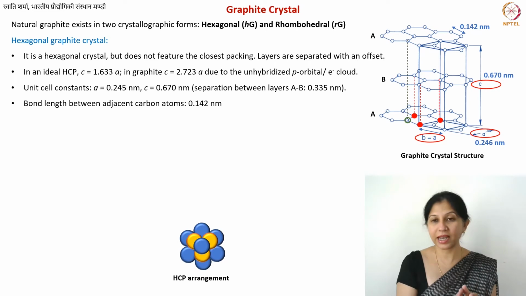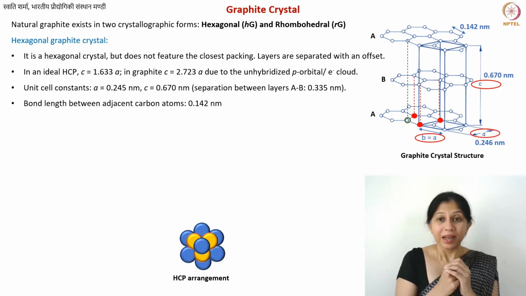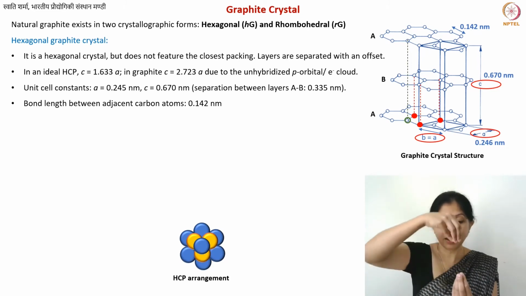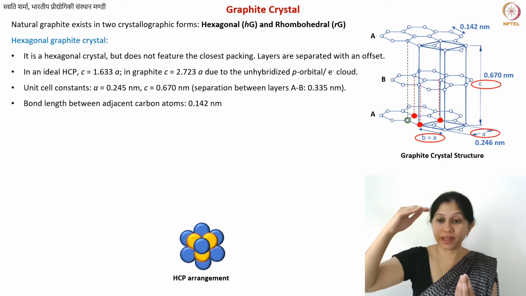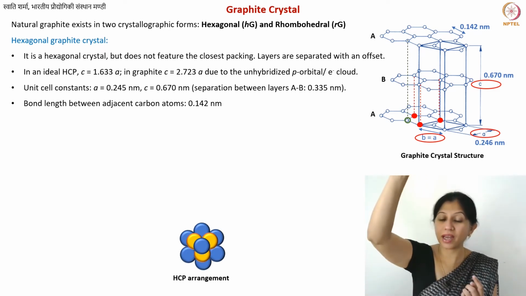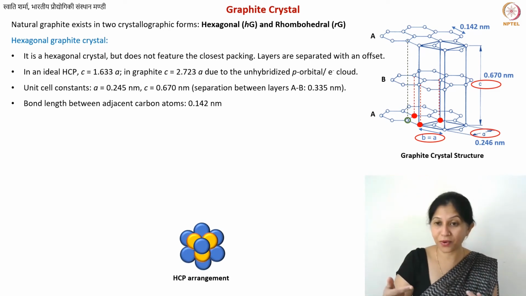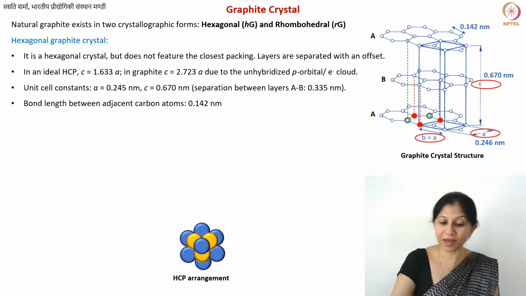However, if I take the other three atoms of this hexagon, they do not have any adjacent atom in the layer right above them. They have to go all the way to the next A layer to find their neighbor. Similarly, this will happen for the other two.